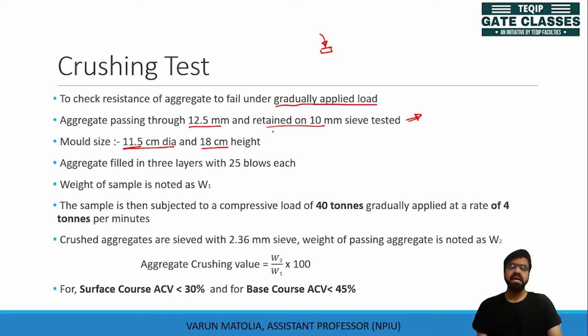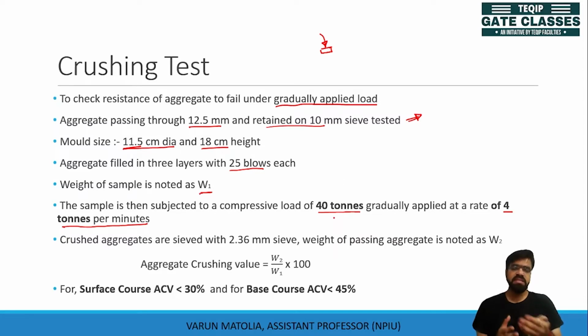These aggregates are placed into this mold in 3 layers with 25 blows each, so that each layer compacts in kind of dense arrangement. The weight of this sample is calculated as W1. Now, a load with a rate of 4 ton per minute is applied to a maximum of 14 ton.